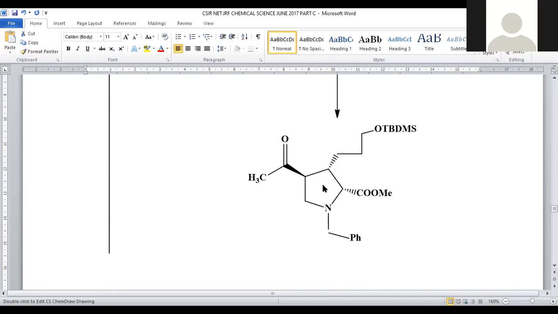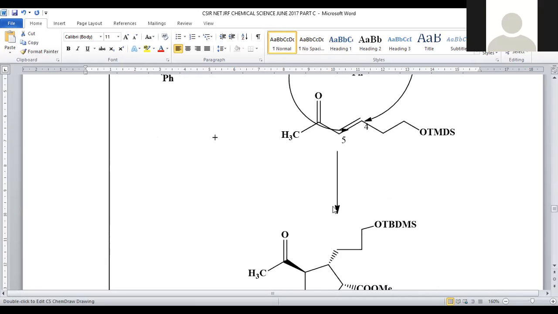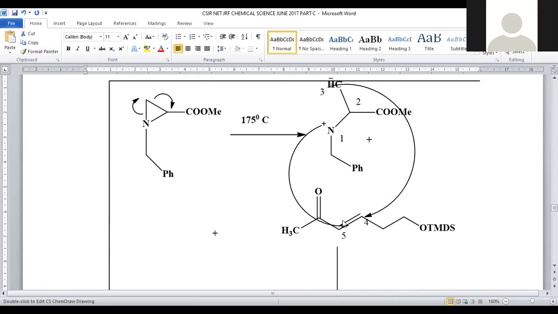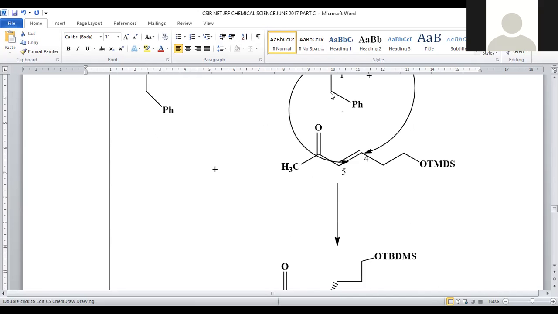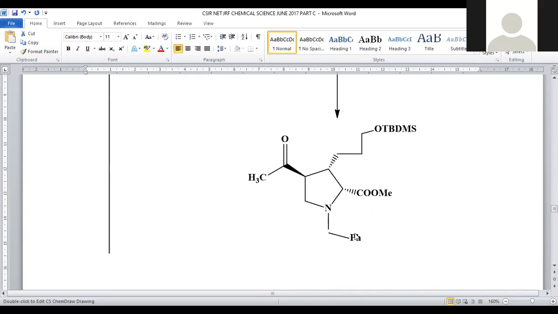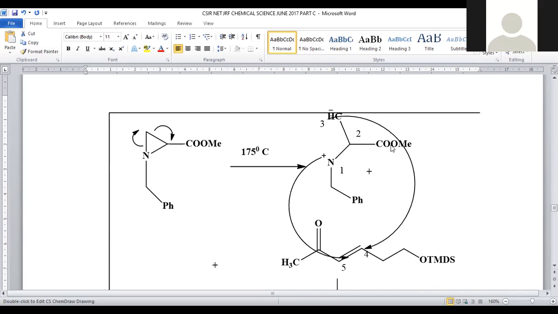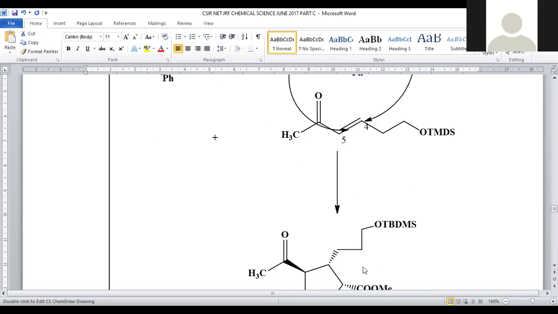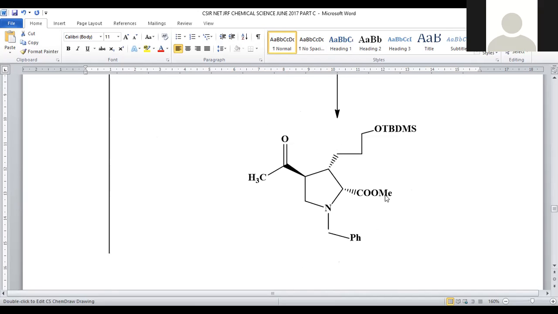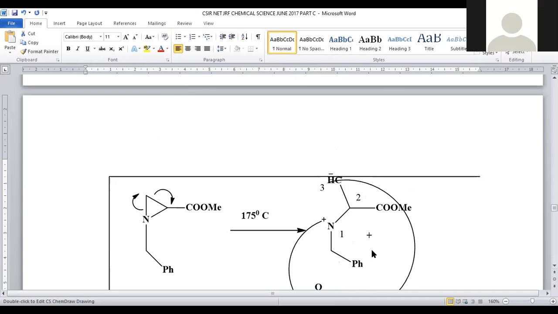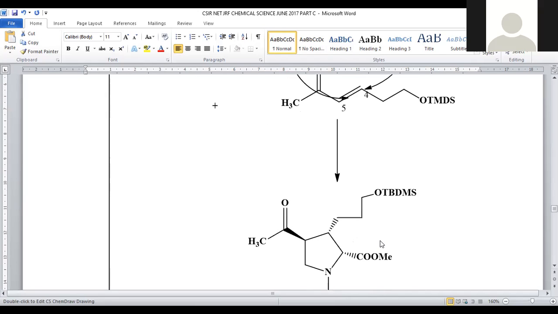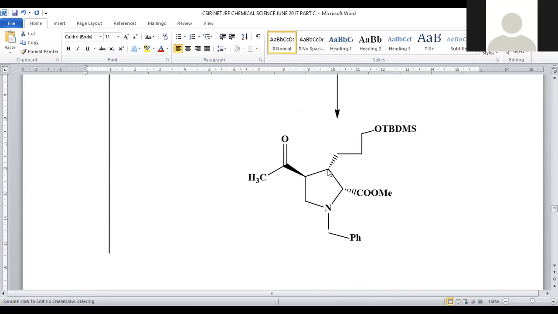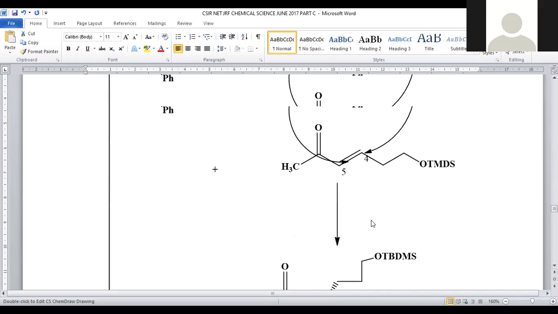So here there is a formation of a 5-membered ring structure containing the heteroatom nitrogen. On nitrogen, we have a benzyl group, that benzyl is indicated. And we have a COOMe group on another carbon atom here. The next carbon we have, this is given from another functional group, another reacting species.